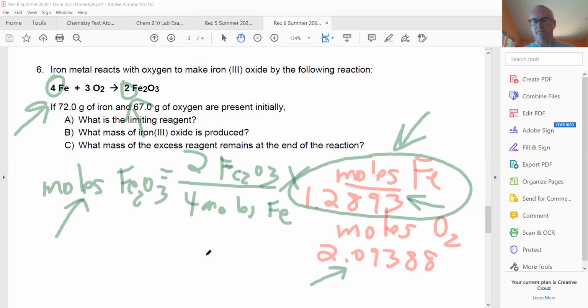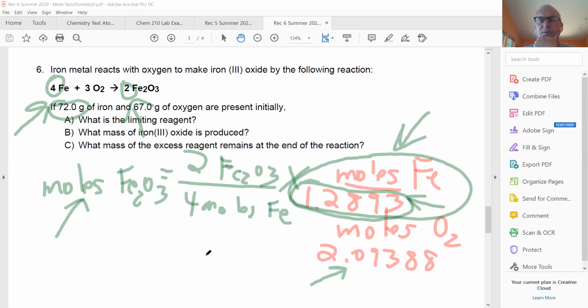I have a question. So you multiply 2/4, then you multiply moles of iron, which is this. That's how many moles of iron I have. That's how many are in 72 grams. What will I put on the top? In the top, you said moles over 1.289.